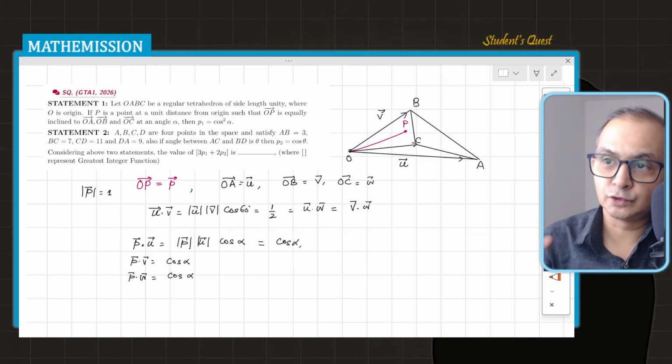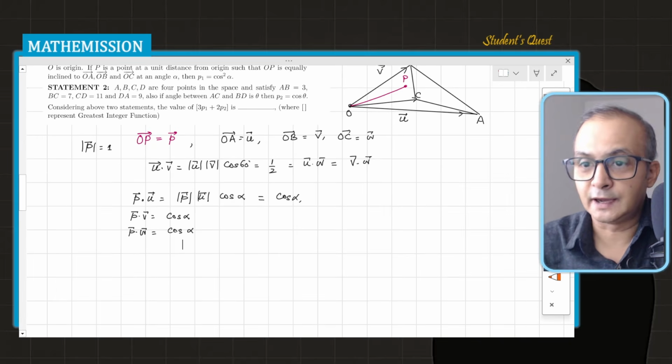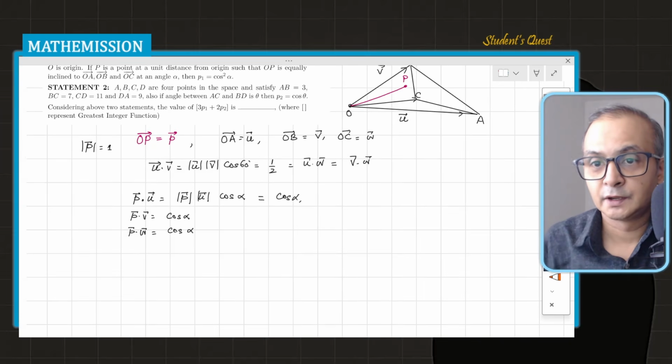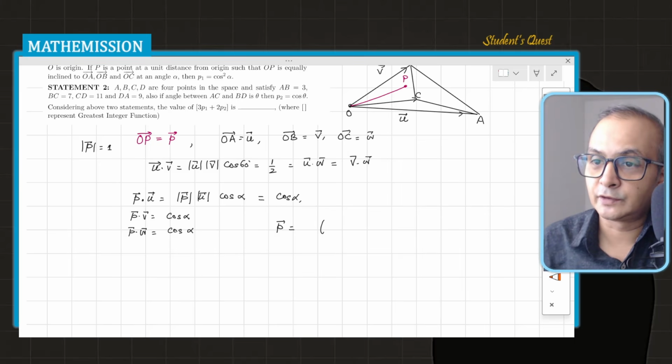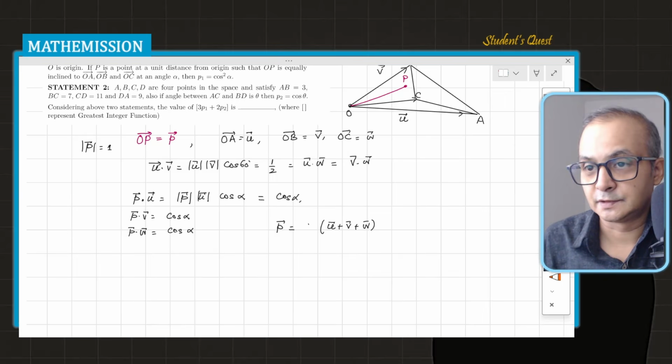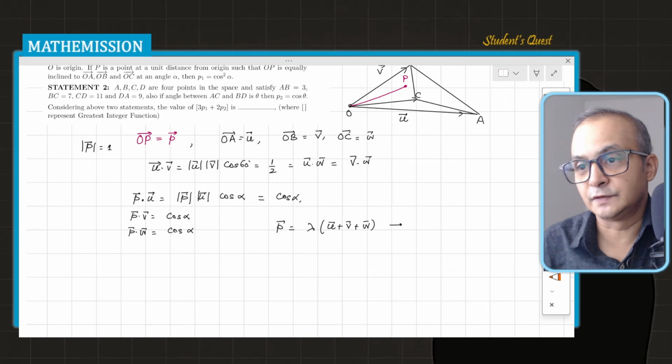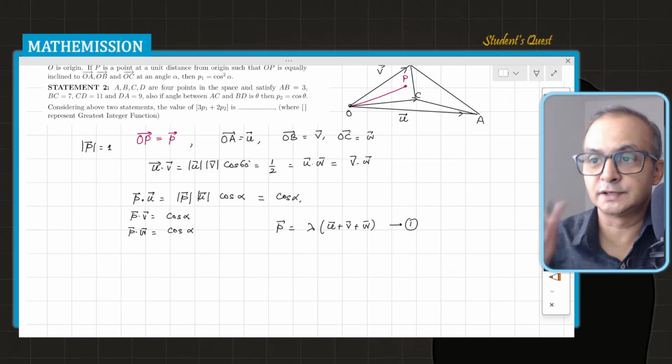And since the P vector is equally inclined, I can write the P vector as lambda times U plus V plus W. Let's assume this as 1.